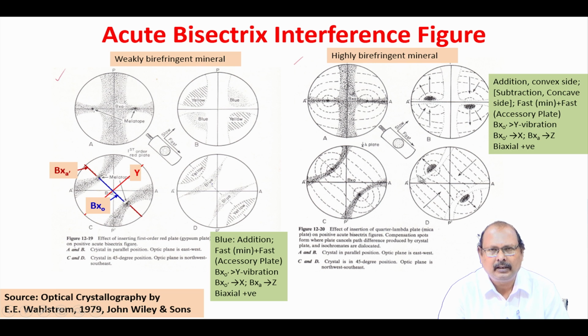So, immediately in the concave side you know the subtractive effect has taken place, that means fast and slow have coincided, Bx dash is the slow vibration direction, and you can consider that this is a biaxial positive mineral. You can also see there is a rise in the order of interference color, an additive effect. So, Bxo is faster, Bxo is X, so automatically we know the acute bisectrix is Z.